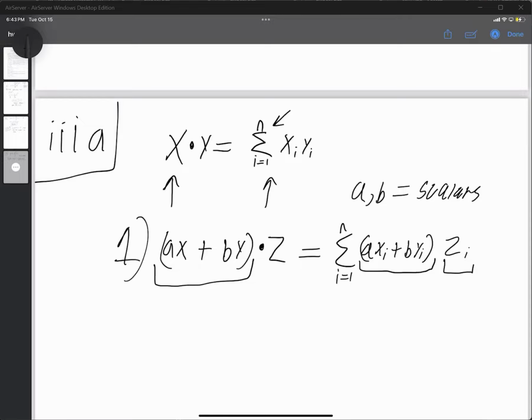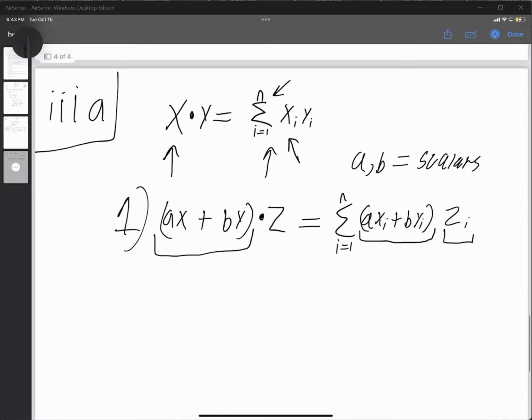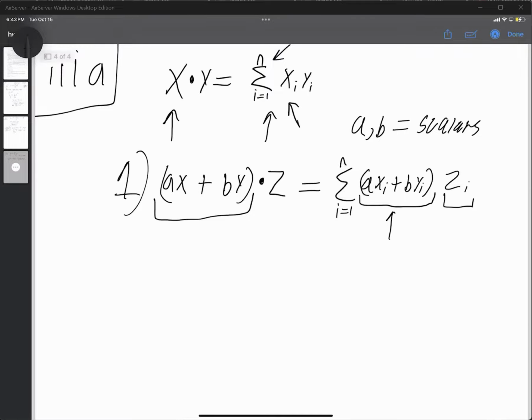Okay, so remember how I said you could rewrite this? Well, let's replace this with a new variable called ci, zi, right? This whole expression was replaced with ci.